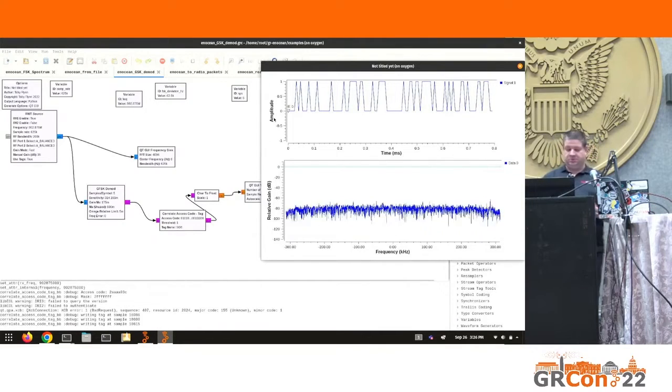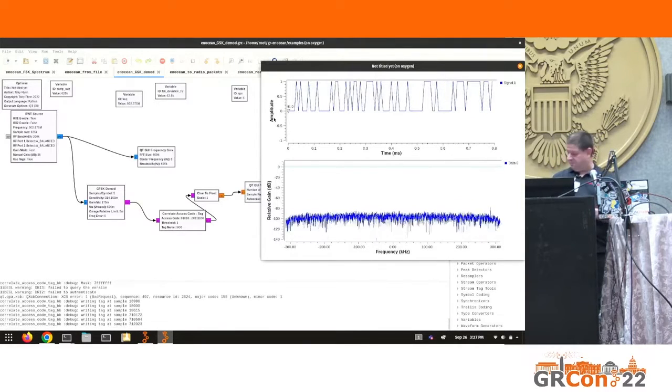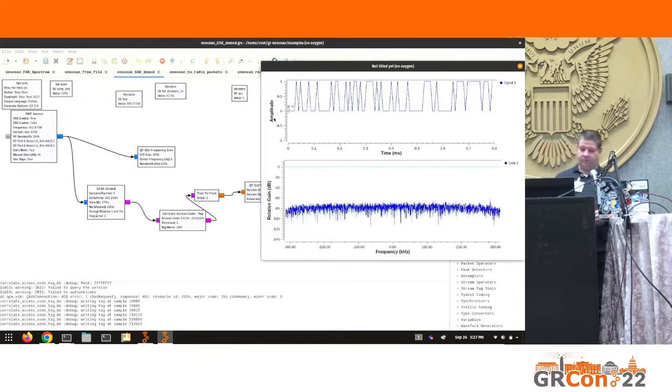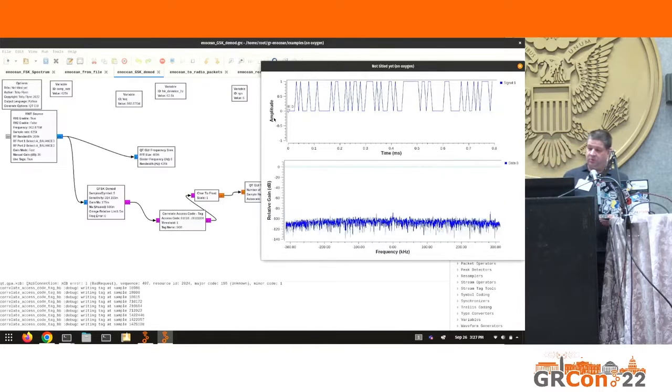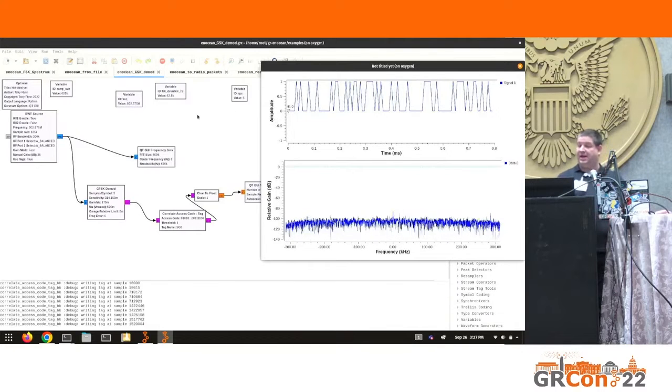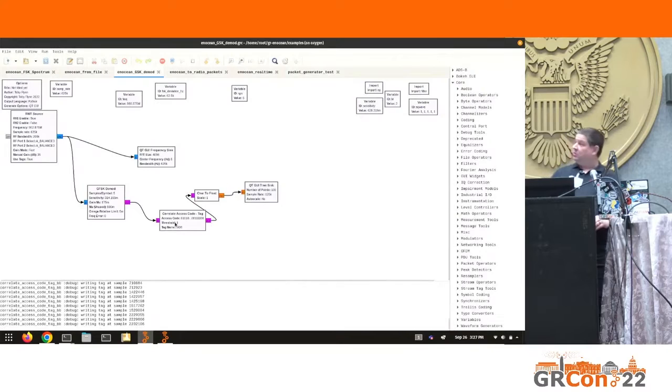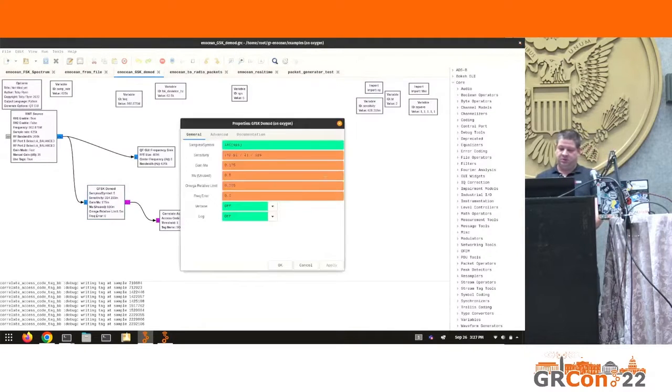Oh, shucks. Somebody already transmitted on me. So here, what I've done is set it up with a correlate access code tag block, which is looking for the preamble that we mentioned earlier, and then it's just tagging it and sticking it in. The hardest thing for this is coming up with a sensitivity for the GFSK demod, which is straight out of the documentation for the FSK modulation.